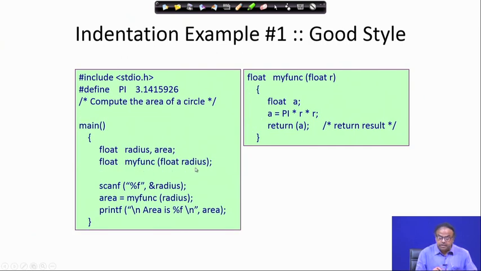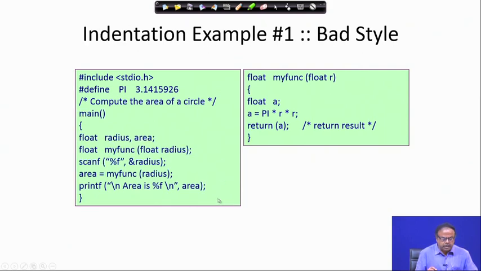Here there is a declaration, then I leave some blank space and then I put the actual code. So I understand this is a declaration. Compared to that, where I do not put a gap, it is difficult to understand where the declaration ends and where the code starts.